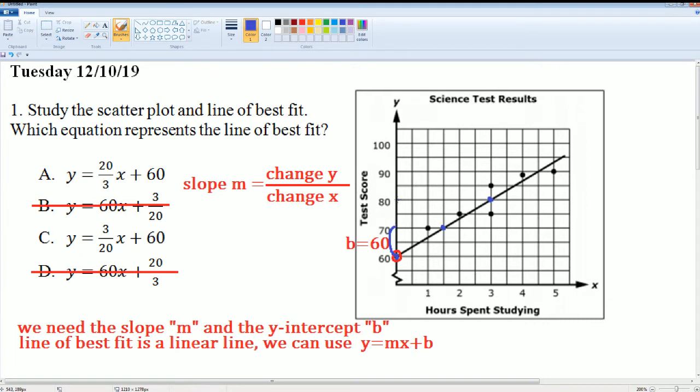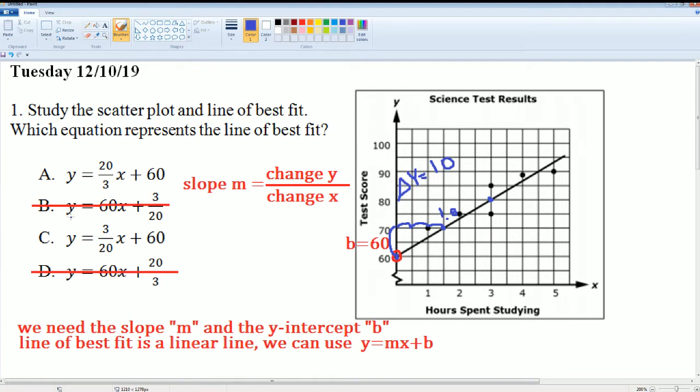So your delta y here was 10. And how much did you go over in the x direction? 1, 2, like 1.5. So it seems like it's 10 over 1.5.